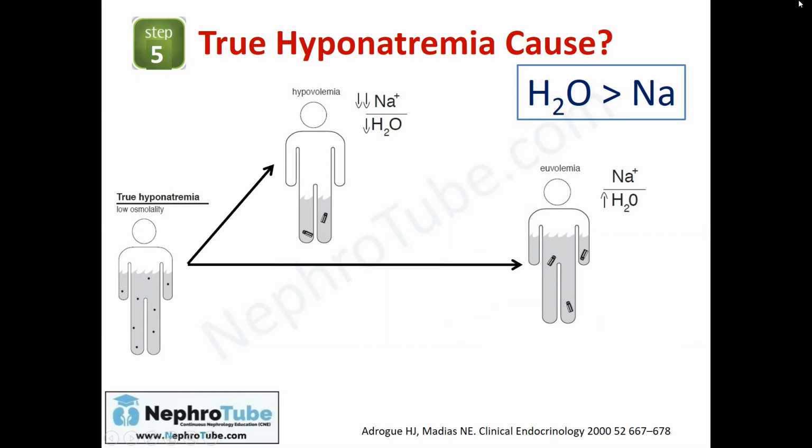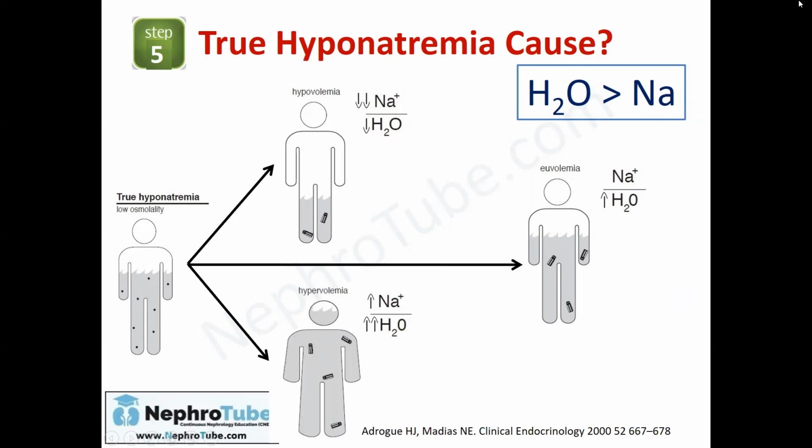The sodium level is normal, but the patient gains excess water, not enough to make hypervolemia, so the patient is still euvolemic clinically. And the third type is hypervolemic hyponatremia, where the patient gains both sodium and water, but gains more water than sodium.